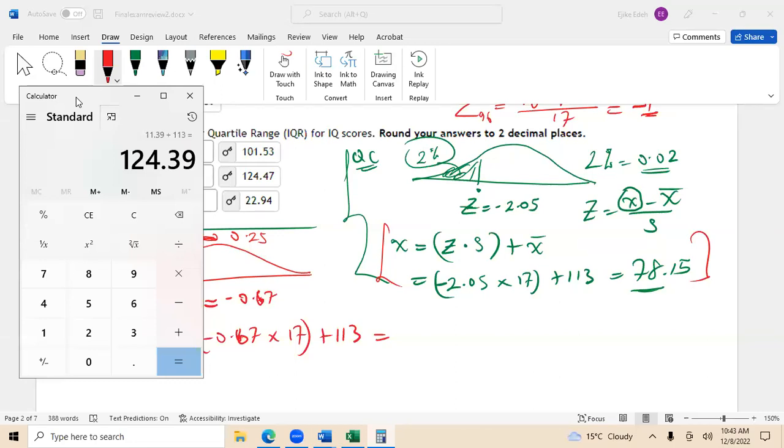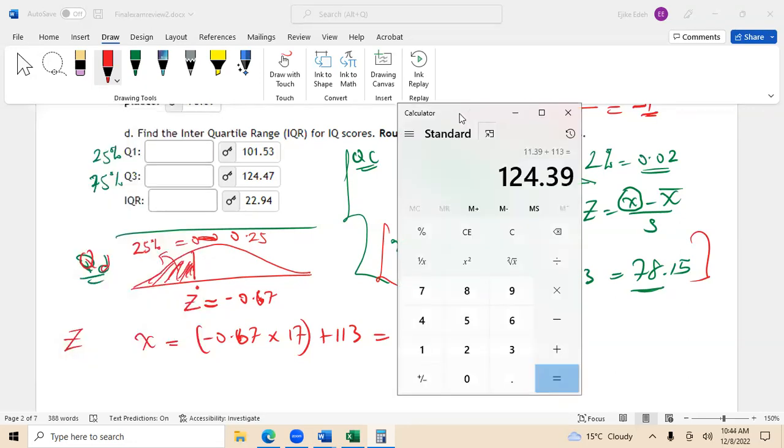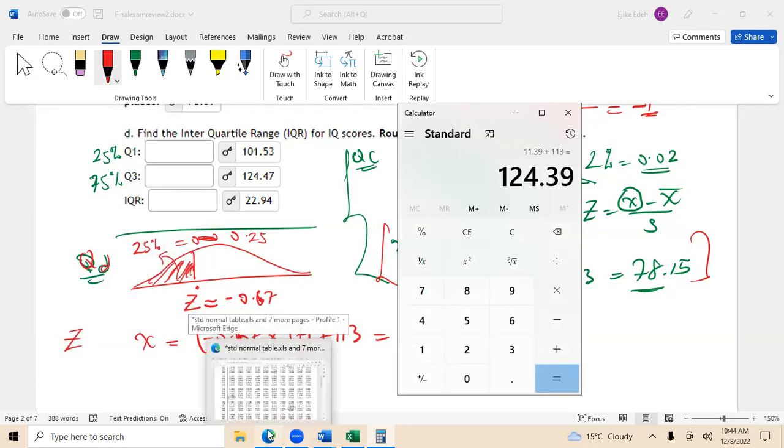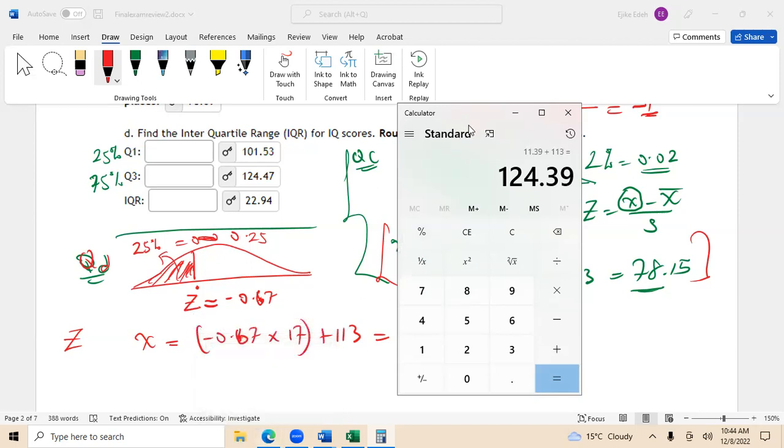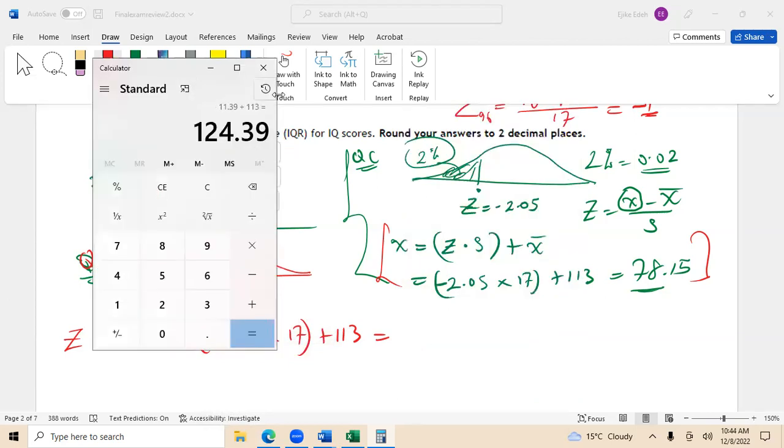Are we getting the second answer? Say that again. It's positive instead of negative. Okay, so I think we didn't start in negative.